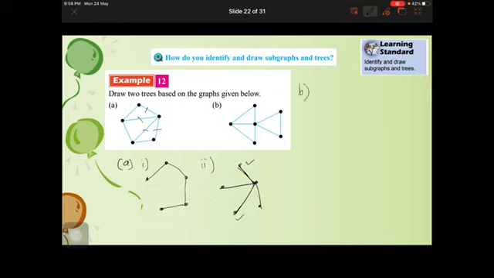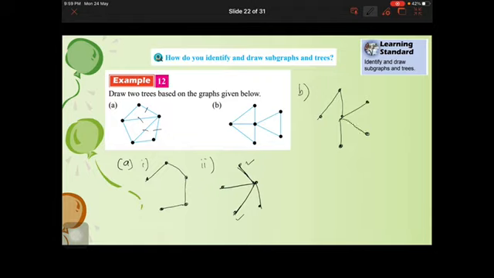For B, the vertices are 6. So we need 5 edges. So which 5 edges will we take? 1, 2, and then 3, 4, 5.